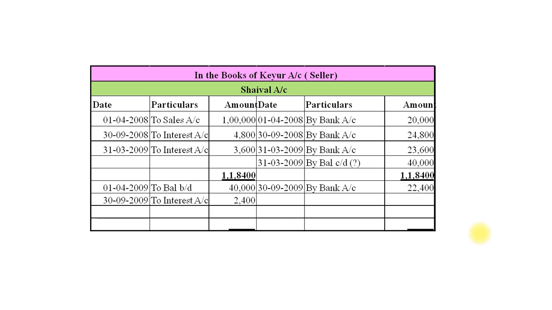Then the fourth installment due on 31/3/2010 to interest account, that comes to 1,200, and on 31/3/2010 installment paid by bank account, that comes to 21,200. So here our account gets tallied at rupees 43,600.